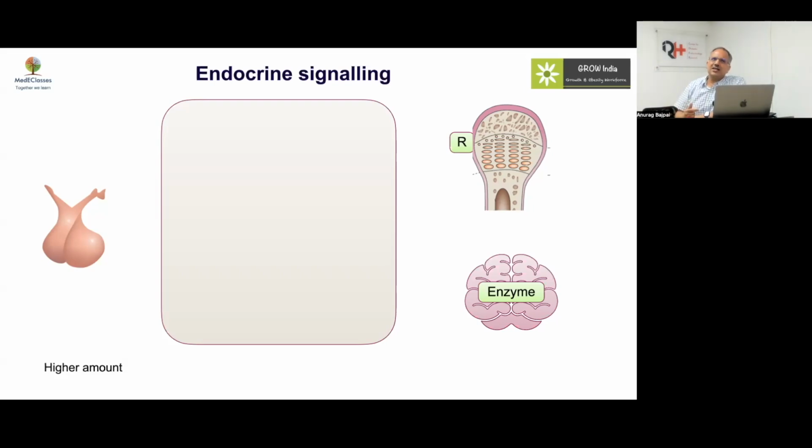The classical example of that is the 11 beta HSD system, which basically converts cortisol into cortisone. So it is inactivating cortisol in one direction and activating cortisone to cortisol in the other direction. In tissues where you want cortisol action, you will have the 11 beta HSD1 activity predominating, which is going to convert your cortisone to cortisol.